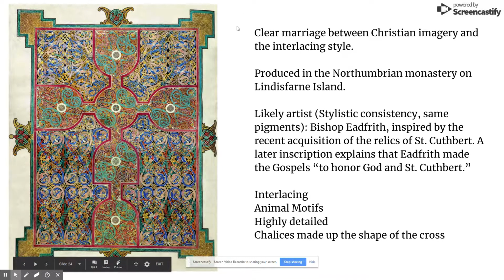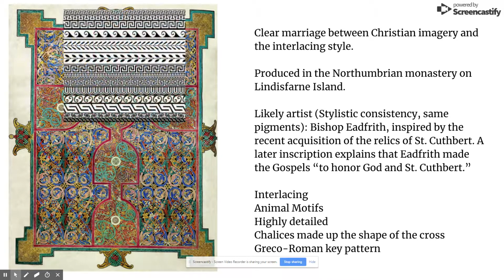We have a design that may be suggestive of the influence of what we call a Greco-Roman key, but not a key that opens a door or anything. A key is a repeated, usually regular linear form. So we can see this going over and over again. If you've spent any time in a Greek restaurant, you'll see this somewhere.